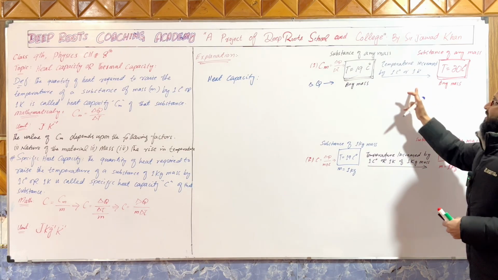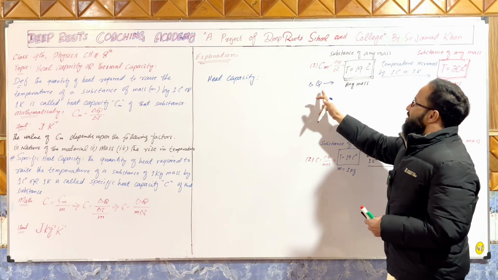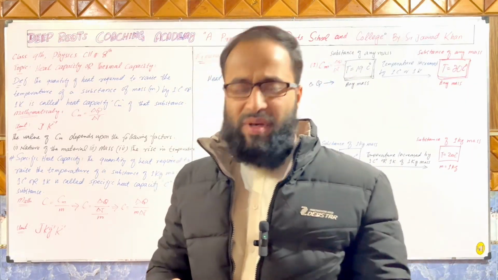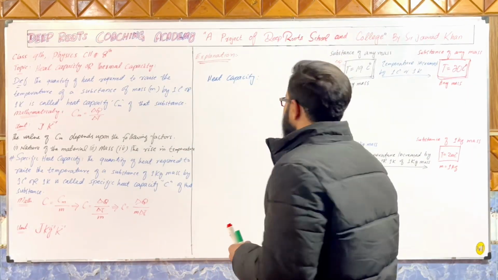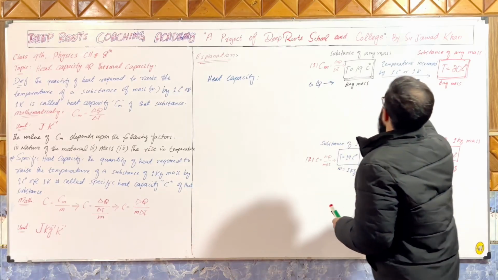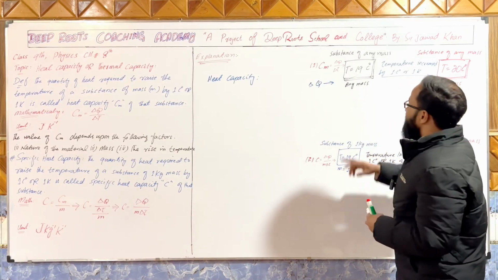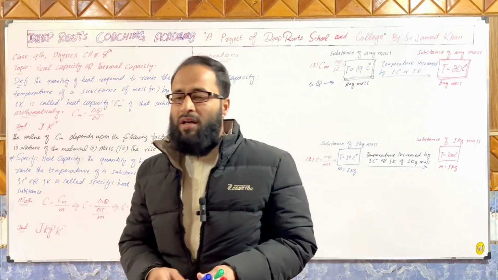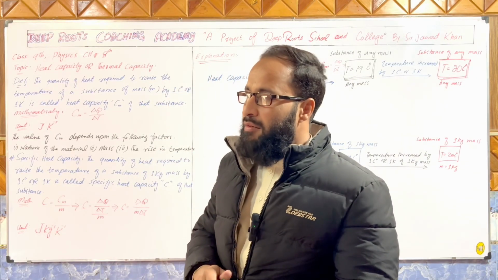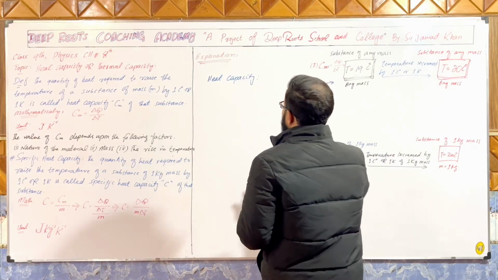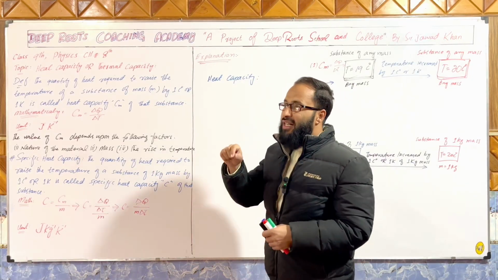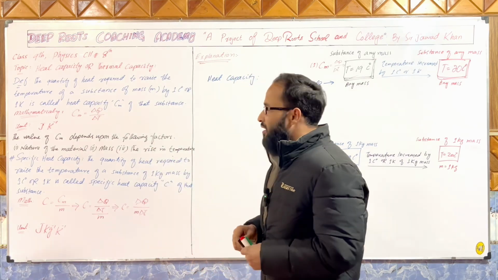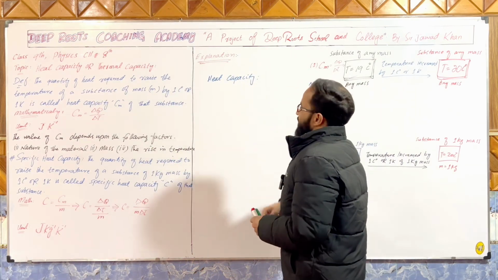This heat absorbed for an increase in temperature by 1 degree or 1 Kelvin is called the heat capacity of this substance. So heat capacity means how much heat is required for an object to increase its temperature by only 1 degree centigrade or 1 Kelvin.